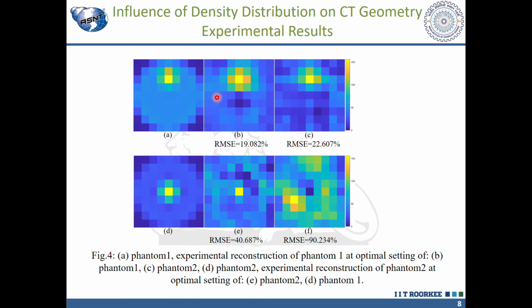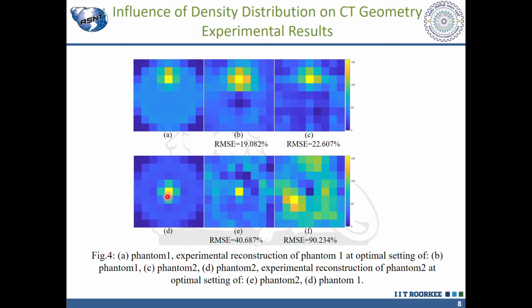At the optimal settings of phantom 2, the reconstructed image of phantom first loses the information here, but it still gives the information about the heterogeneity.